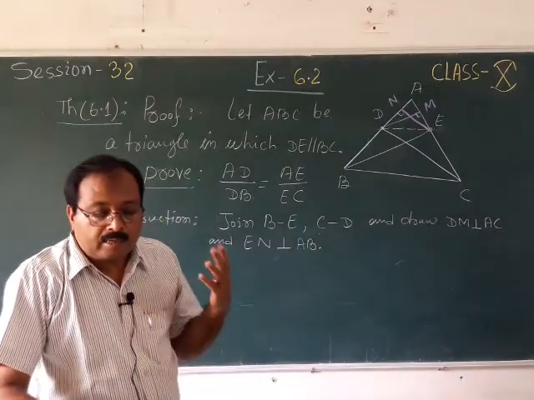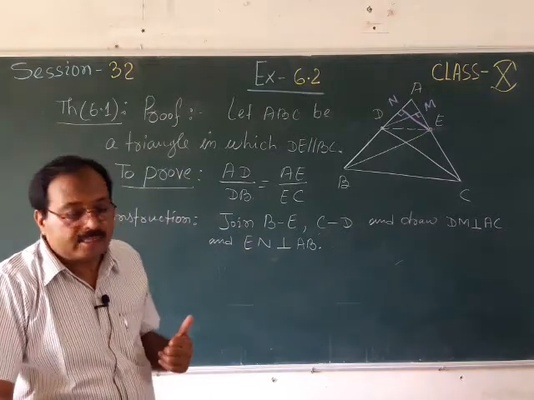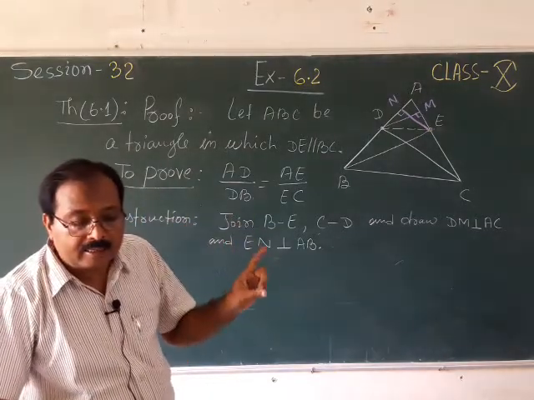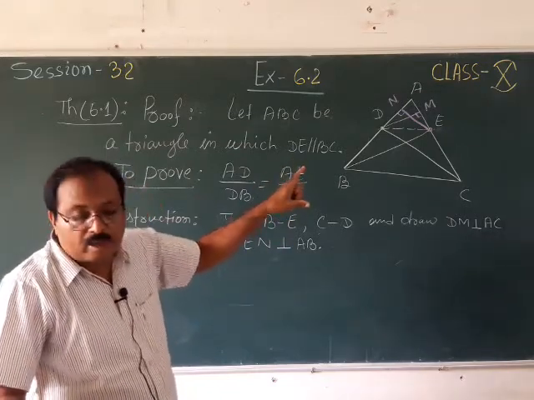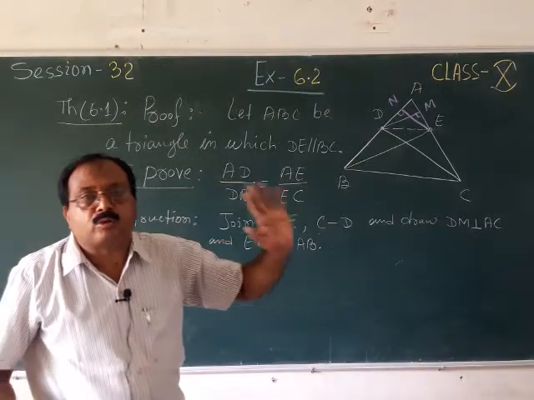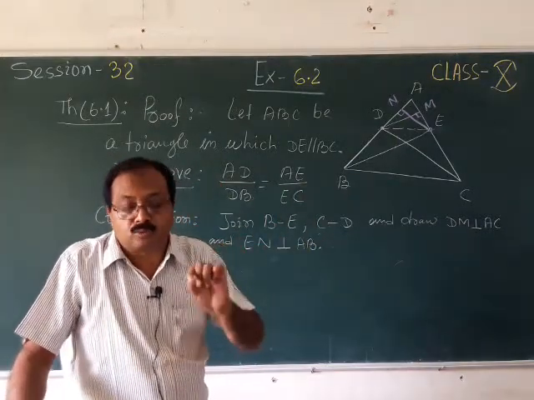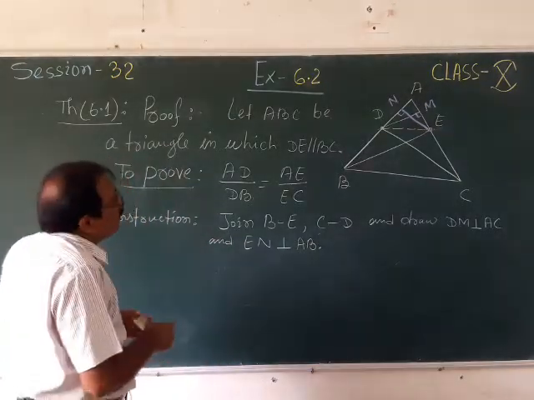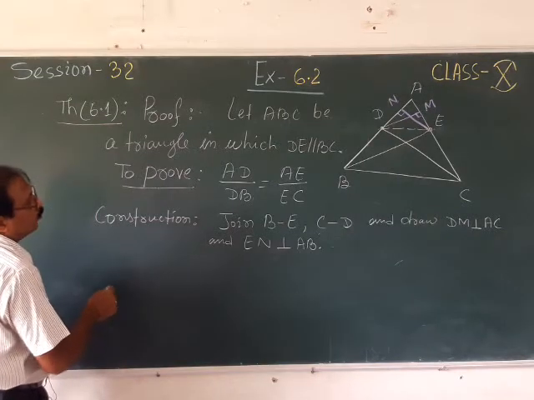If the construction is done, then you can find the area of triangle ADE. As you know, area of a triangle is given by half into base into height. Now we can start to write the proof.